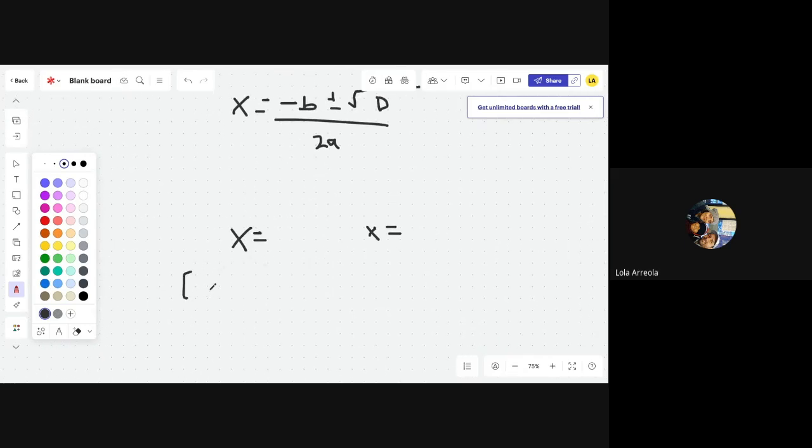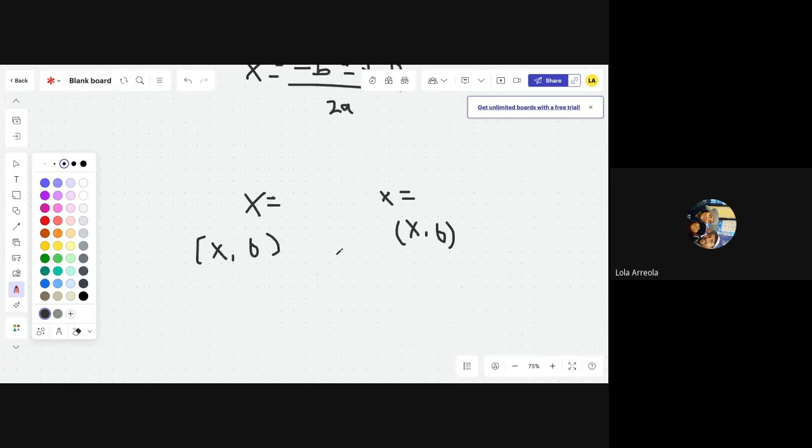Because these are going to be my x-intercepts. I'm going to get x comma 0 and x comma 0, which is the same reason as why we factor. Because these are points that I could plot on my graph that are going to be on my x-axis. Because again, reminder, we have a quadratic function.